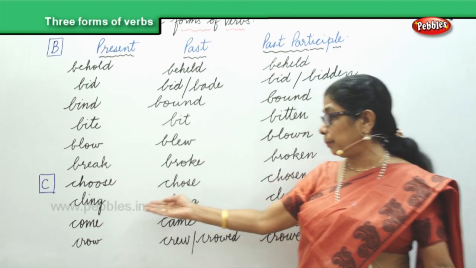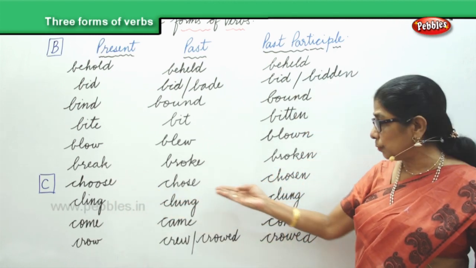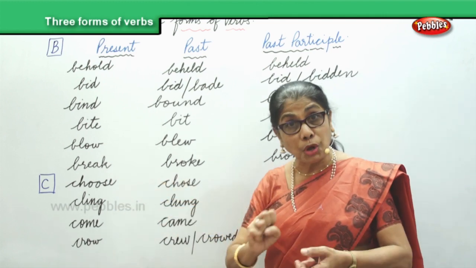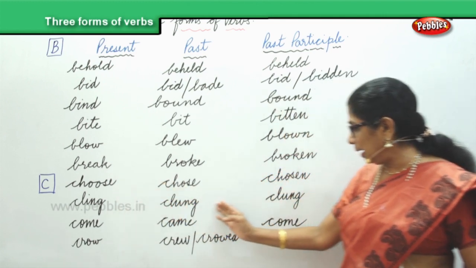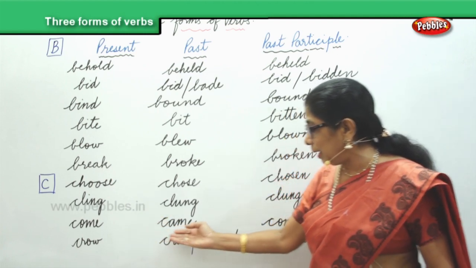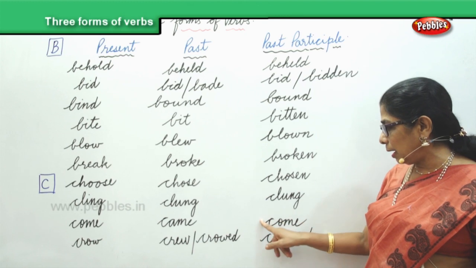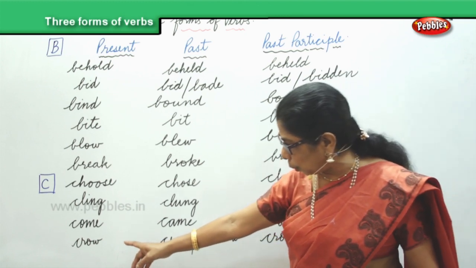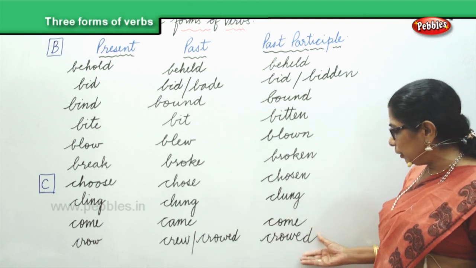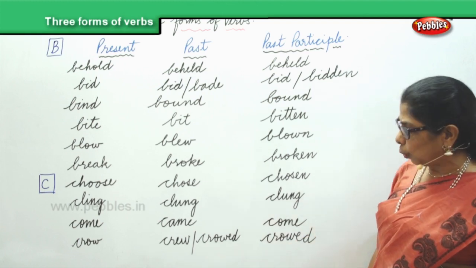You're choosing something. You chose, chosen. Then cling, that means hold on. Cling, clung. For the past participle also clung. Come, came. For the past participle also come only. Finally, crow. Crew or crowed. Even for the past participle, it is crowed.